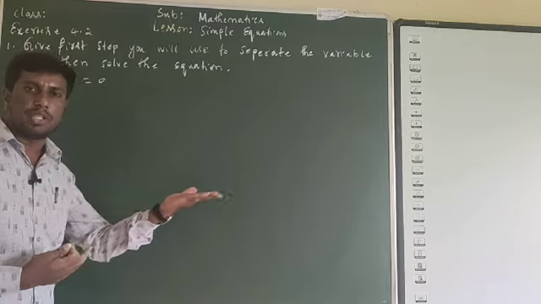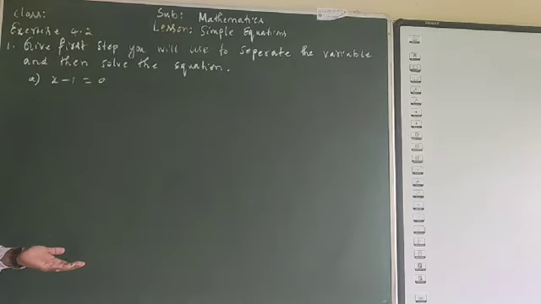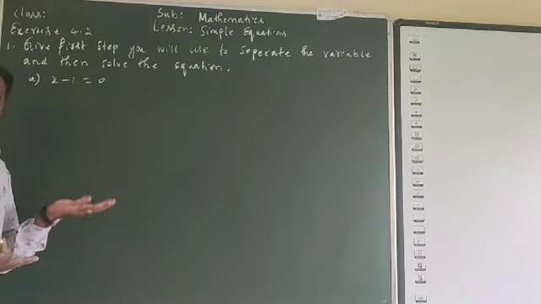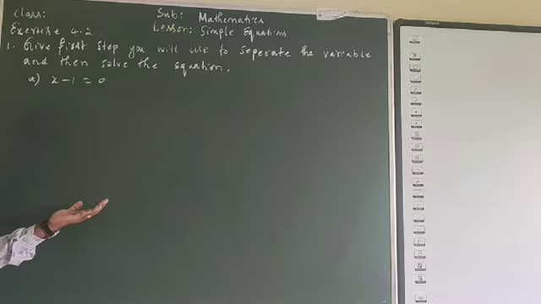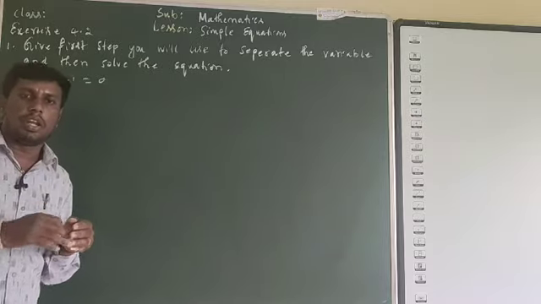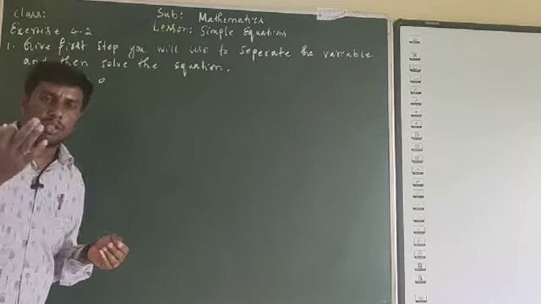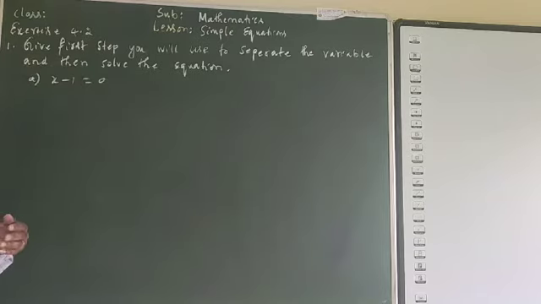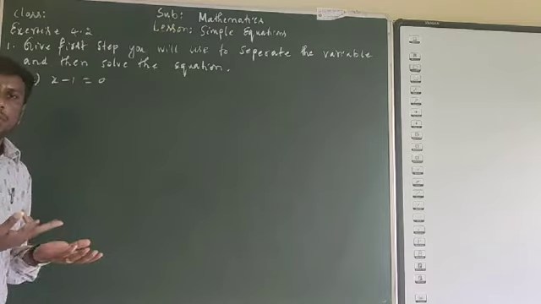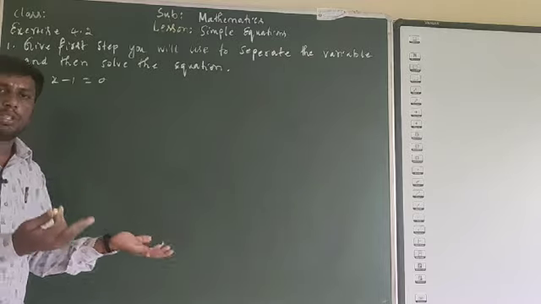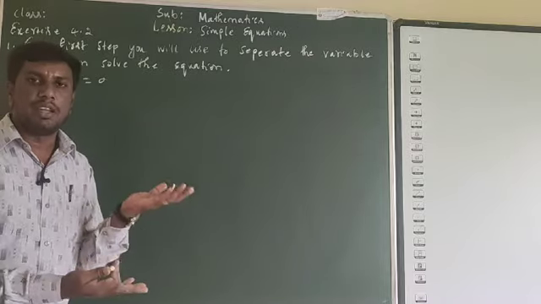It is like a weighing machine. If you add something to only one end, it will show a tilt, a deviation. If you add the same quantity to both the sides, it will be balanced.